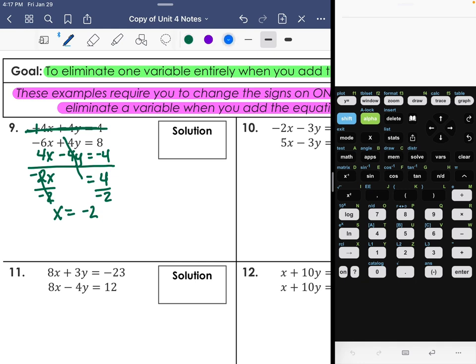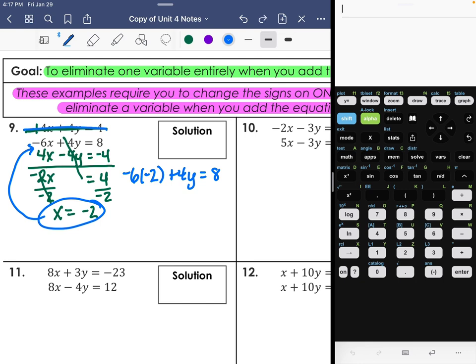Now, when I go to rework this to find y, I'm going to substitute into this equation. Remember, I've marked this one out. I'm not going to use it. So I'm just going to go into this one that I did not change. So I'm going to have negative 6 times negative 2 plus 4y equals 8. Negative 6 times negative 2 is positive 12.